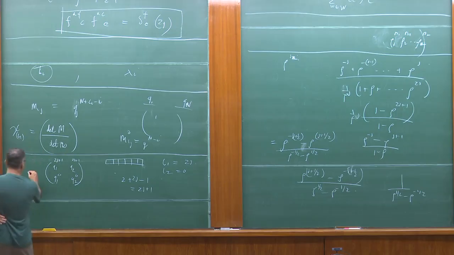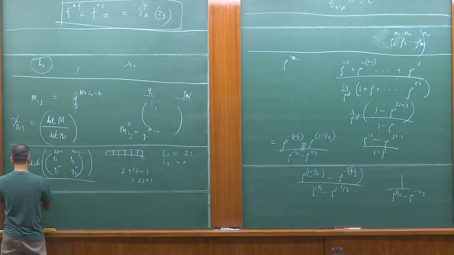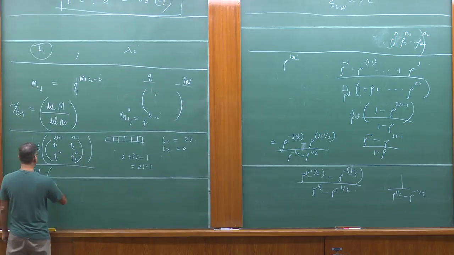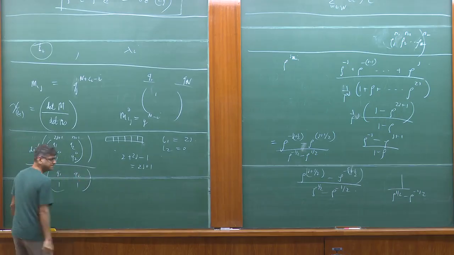I have to take the determinant of this divided by the determinant of the same thing, but setting j equals 0. So Q1, Q2, 1, 1. There's another constraint: the product of the Qi is 1. That's why Q1 will be 1 by Q2.